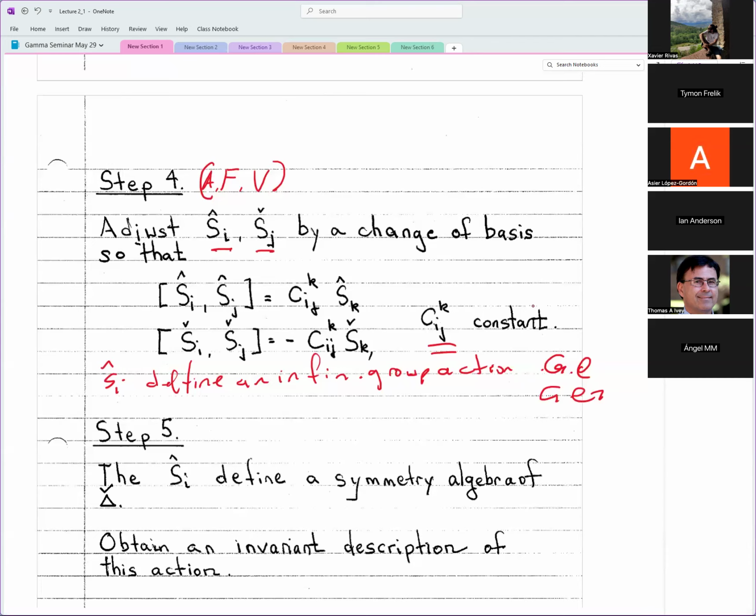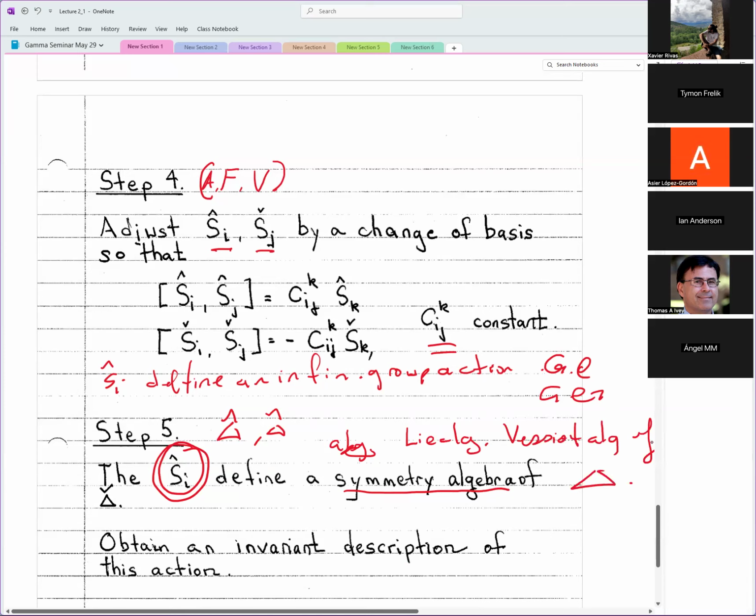Okay. So as I said, again, we started off with delta hat, delta check, and now we've constructed these vector fields. They form a Lie algebra, and we'll call that the symmetry algebra of the opposite distribution. And we're going to call the Lie algebra, viewed as an abstract Lie algebra, the Vassiliou algebra of our starting distribution delta.